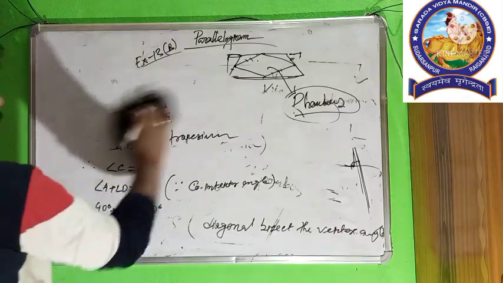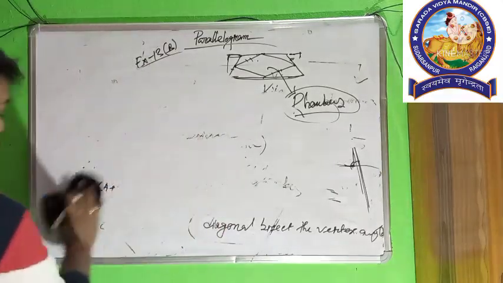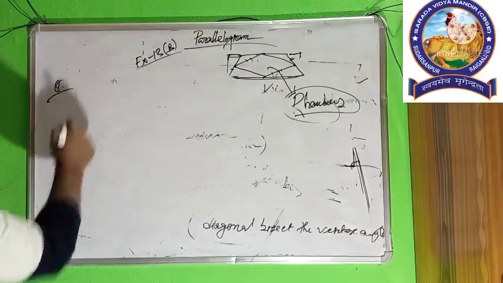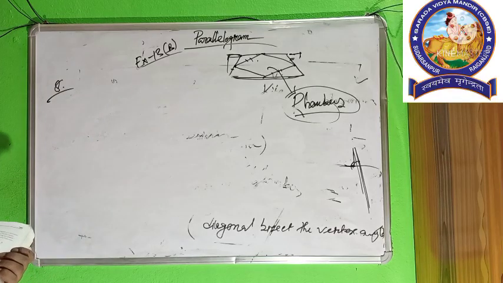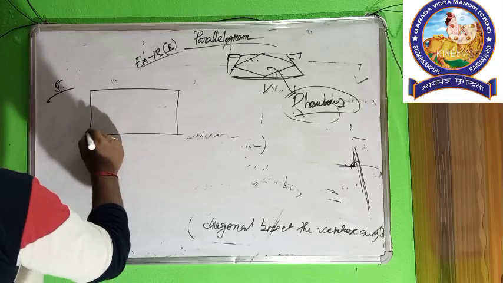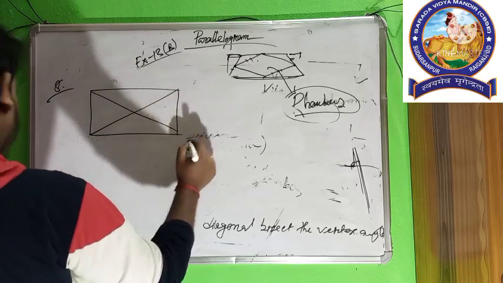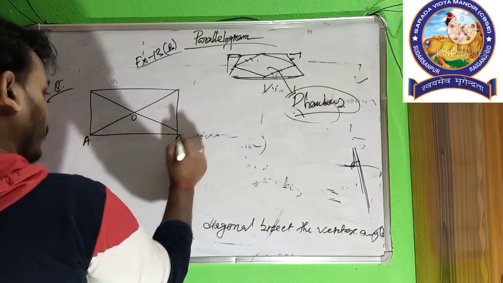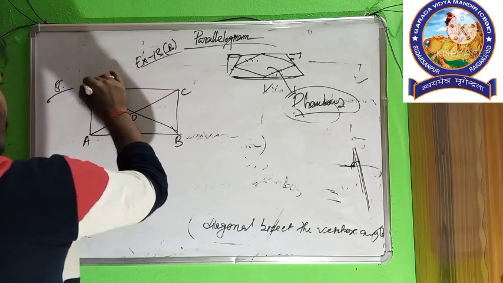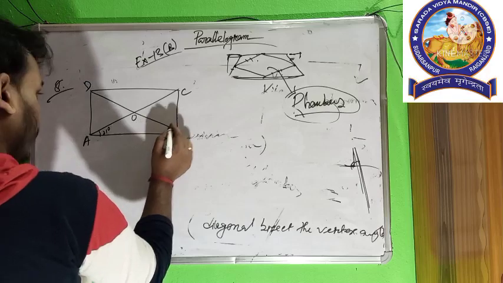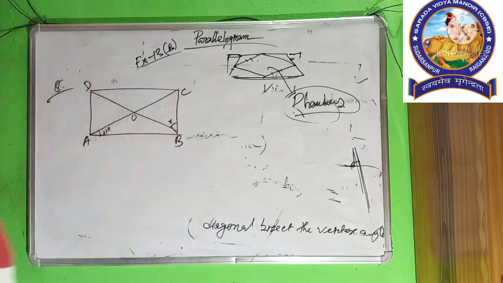Question 8. There is a 21 degree angle and x. The question is to find the value of x.